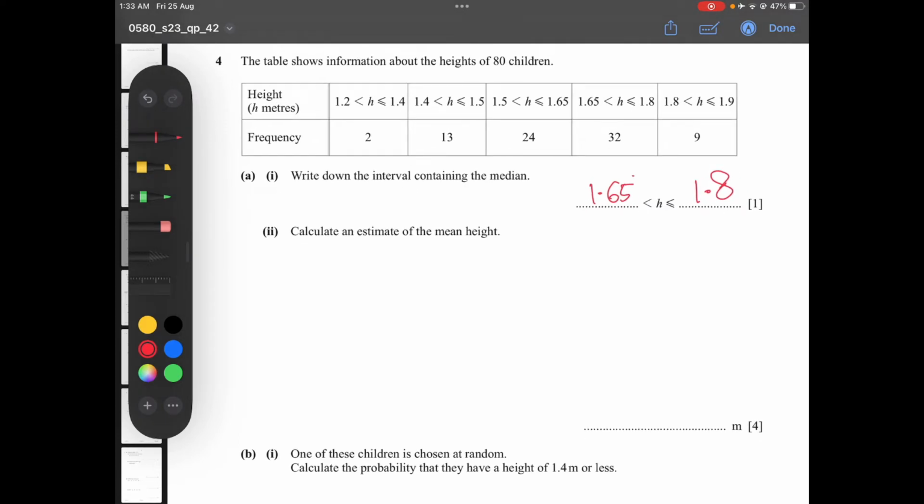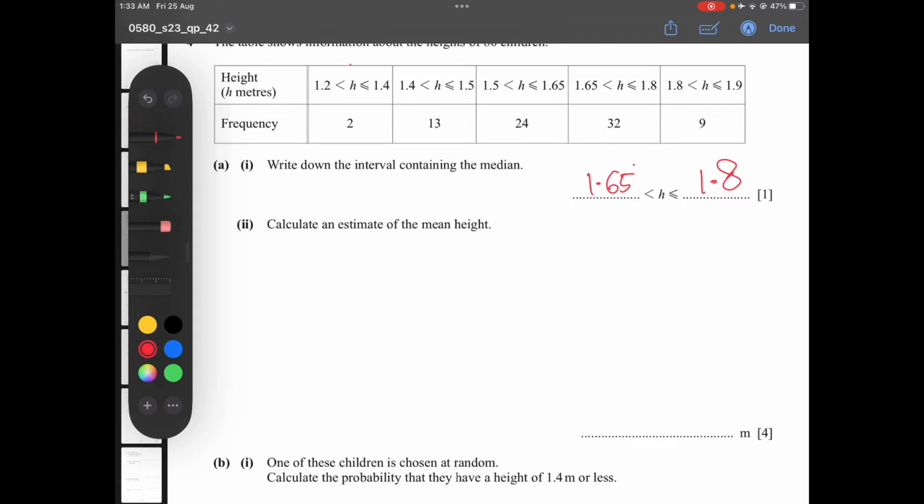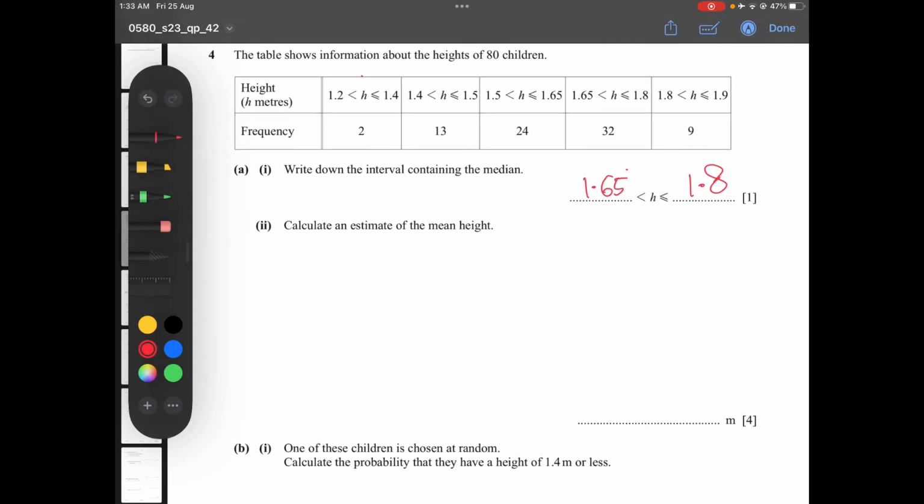Calculate an estimate of the mean height. The mean height would be the midpoint of each group times the frequency, add them all up together, divided by 80. So it's going to be 1.3 times 2 plus 1.45 times 13 plus, for 1.5 and 1.65, divided by 2, 1.575, 1.575 into 24.